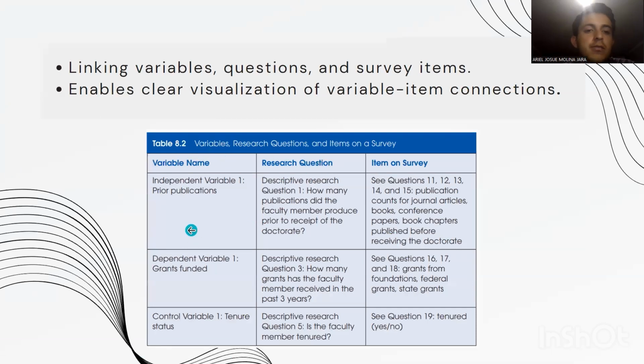In the first column, we have every single variable in each row. In the second column, we have the specific research question that is associated with the variable in the same row. And finally, in the third column, we have the specific question in the survey that talks about the variable in the same row.